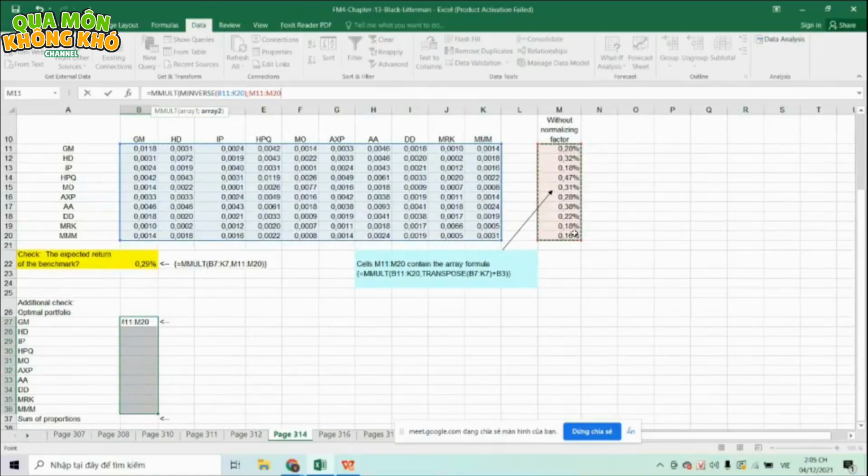Normalizing factor minus the rate B3. B3 is the risk-free rate. Then we'll divide it by the sum of MMULT, MINVERSE of this range again.